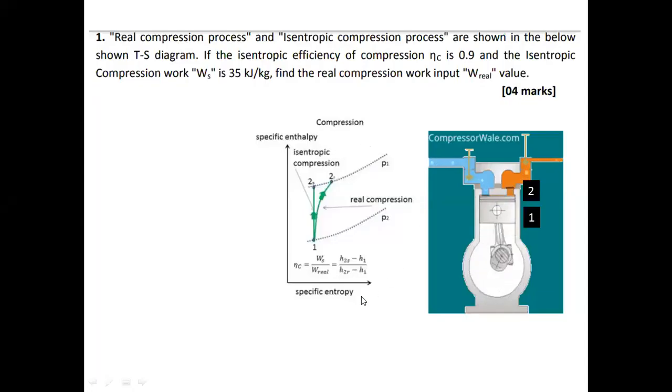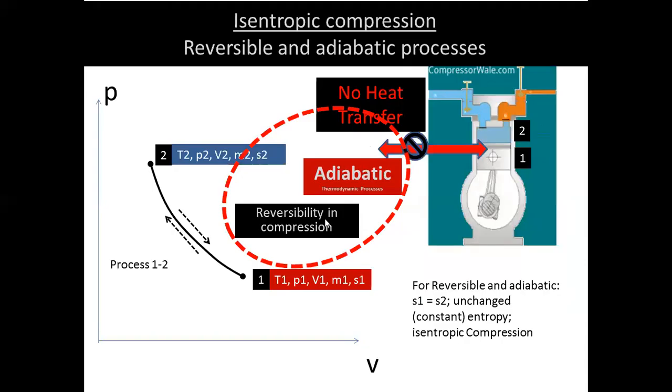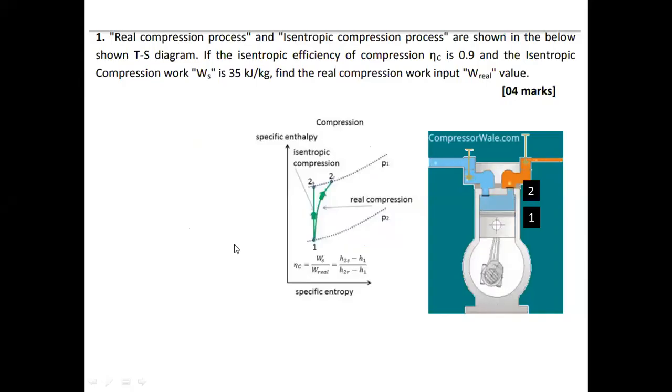So S1 is S2 for isentropic, unchanged. Since S1 and S2 are unchanged for compression, S can be one axis, and here it's mentioned the specific enthalpy, which means for 1 kg.